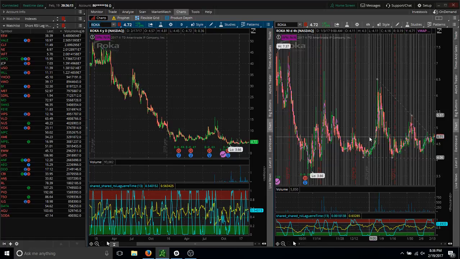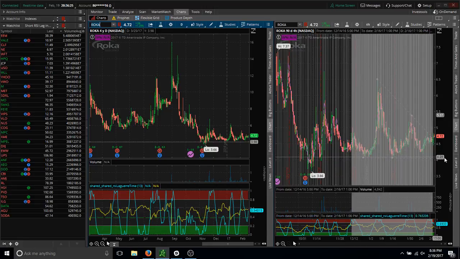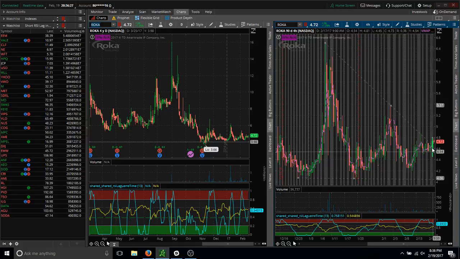Roka. So the 4 hour is coming down. Now we did see a breakout above these projection points. However, that in of itself isn't too convincing. We're seeing this 4 hour start to come down. So I would expect this to drop back down and maybe hit this lower projection point.